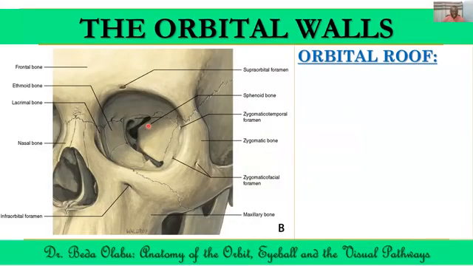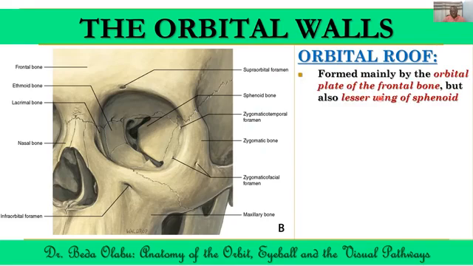Having talked about the apex and the margin, we can now talk about the orbital roof. The orbital roof is formed mainly by the orbital plates of the frontal bone, which is the one I'm pointing at this point.